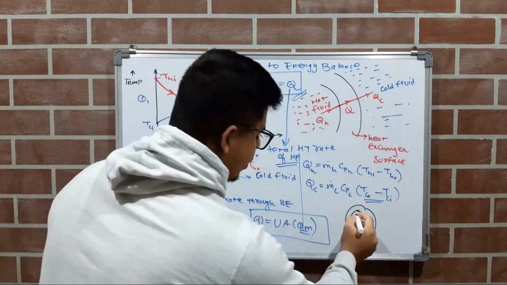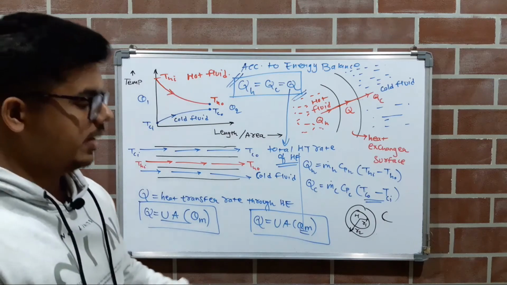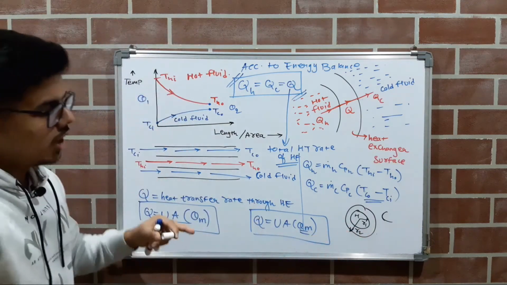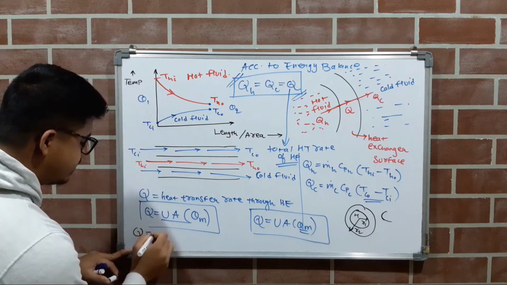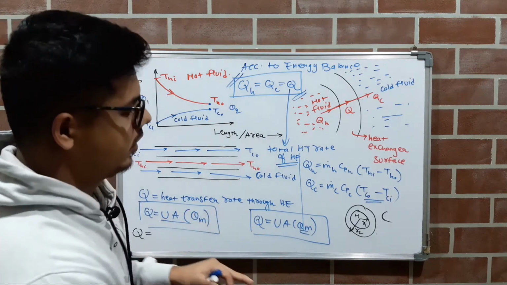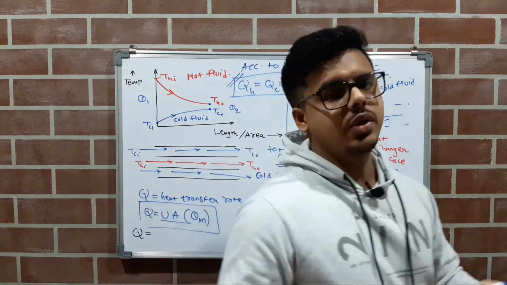Now in the inner cylinder we have the hot fluid and outside we have the cold fluid, right? Now in this case you are asked to find U. So how will we find U? For that we have some assumptions, but leave it, we will discuss that in the next part because it requires some more derivations.